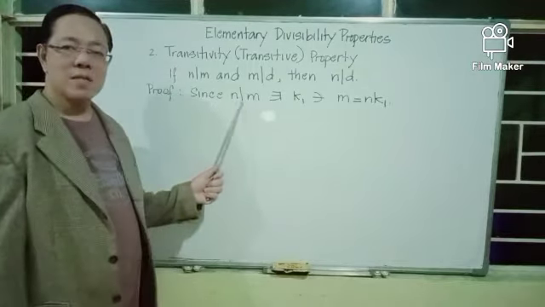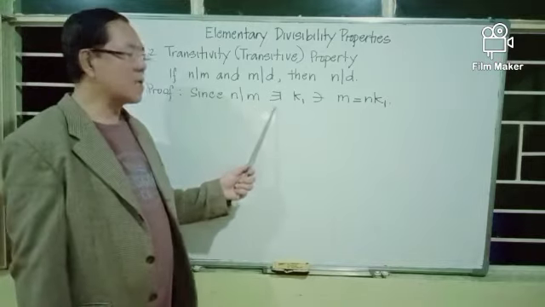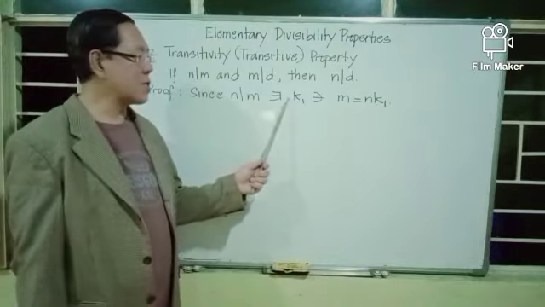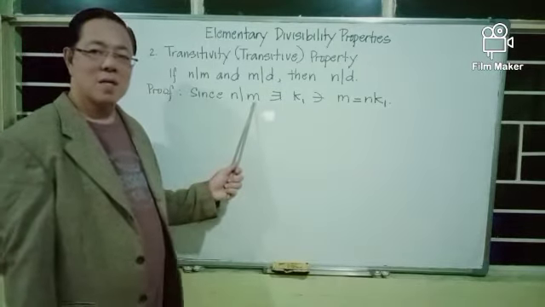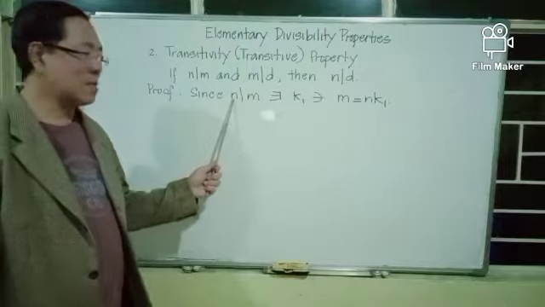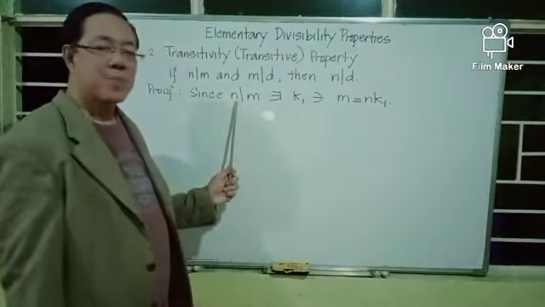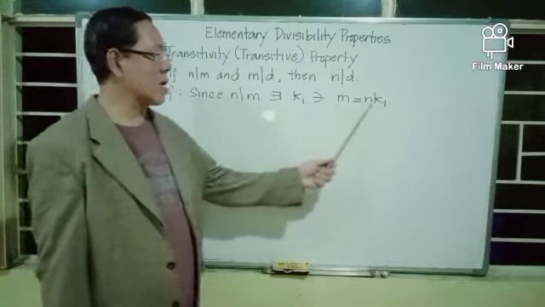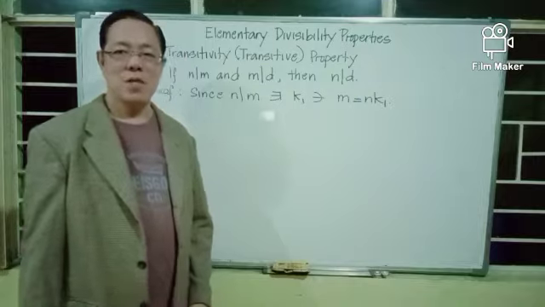Since n divides m, then by definition of divisibility, there exists some integer k1 such that the number m is a multiple of n. That is, the number m is equal to the divisor n times the integer k1. That's by definition of divisibility.